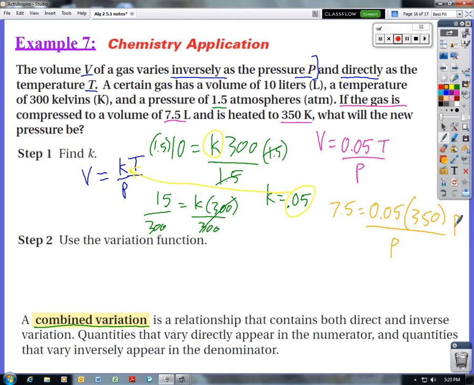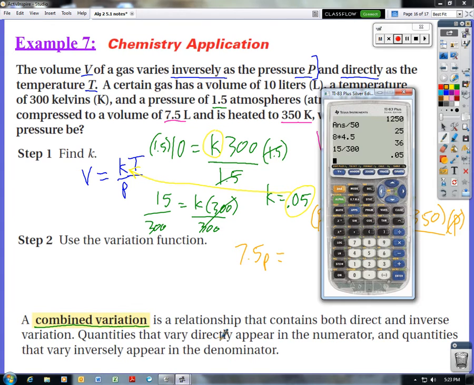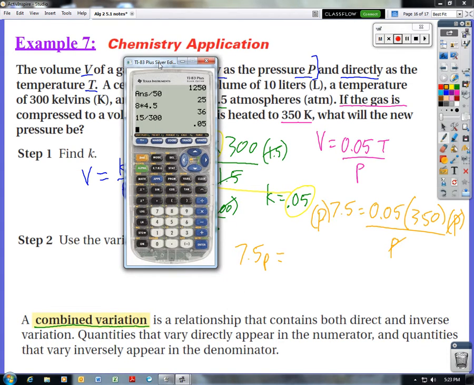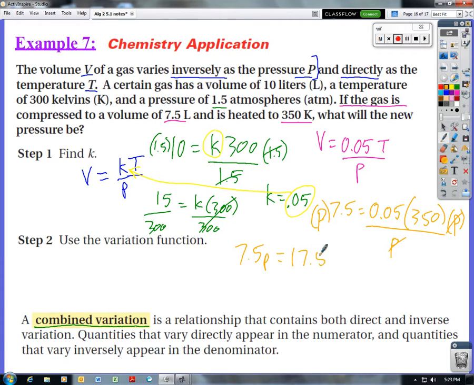So let's multiply both sides by P, and that gets rid of this one. Multiply this by P, and we get 7.5 P equals 0.05 times 350. So I'll plug that in here to simplify things, and I get the value of 17.5.